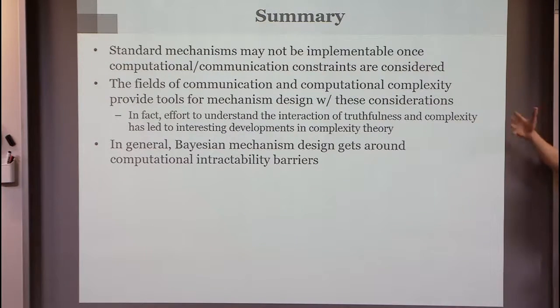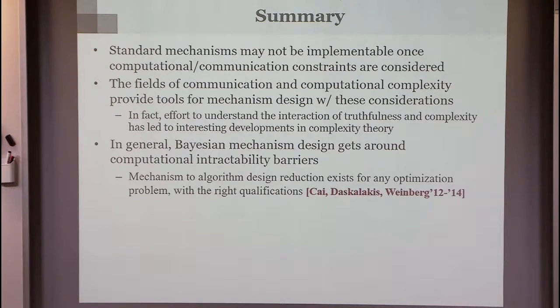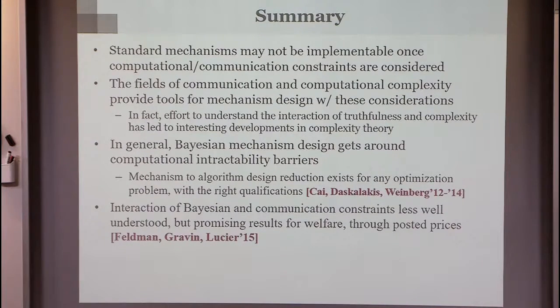On the other hand, in Bayesian settings, you can bypass a lot of these lower bounds. I mentioned a general mechanism to algorithm design reduction with Yang and Matt. And I also mentioned how the Bayesian setting can be leveraged to go around the communication lower bounds.